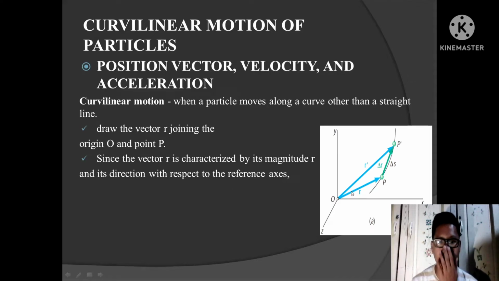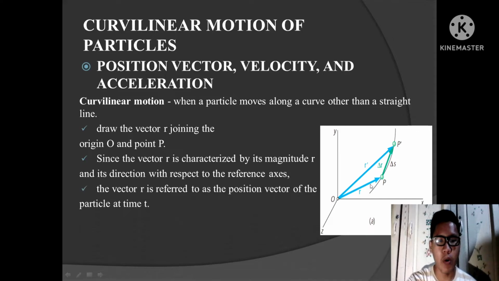The magnitude R is indicated on our reference axis at the point P. So our vector R is referred to as the position vector of the particle at a time t. So it focuses on the position vector of the particle at a time t, in seconds.